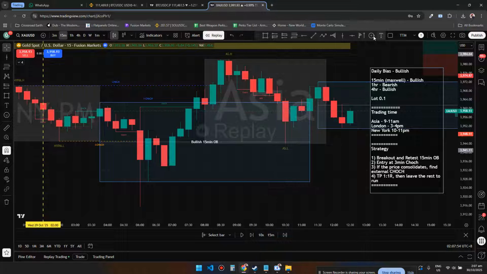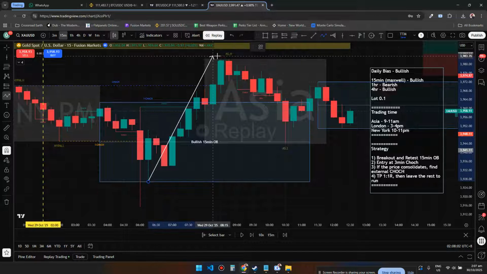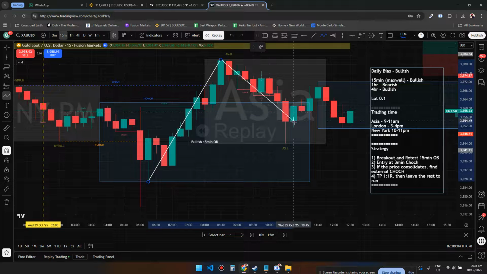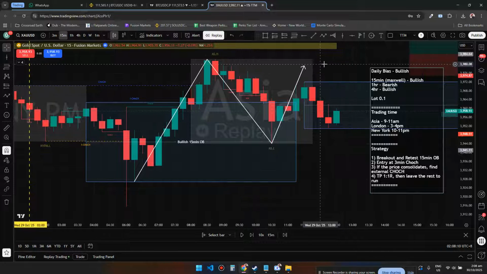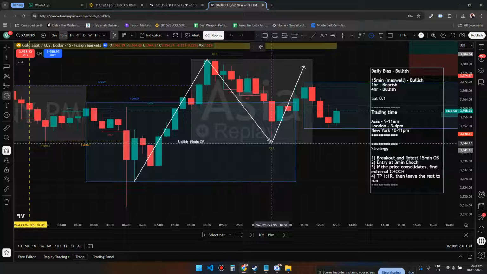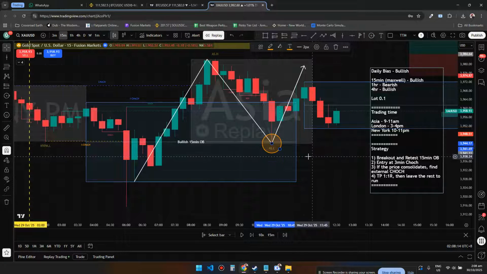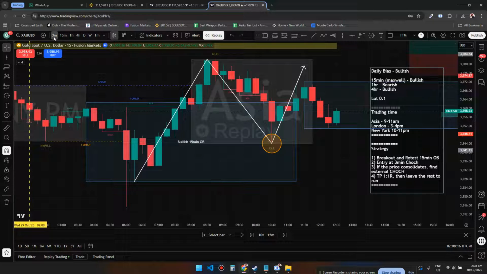So let me take a look. You can see that the strategy here is to break out of the 50-minute OB, retest the OB, and then break out again. So where do we look for a trade? We look for a trade around this area.